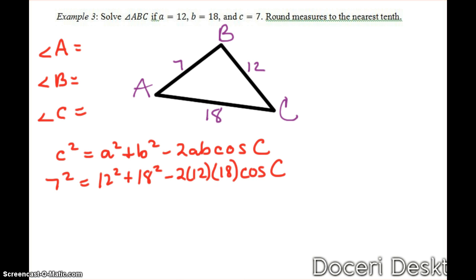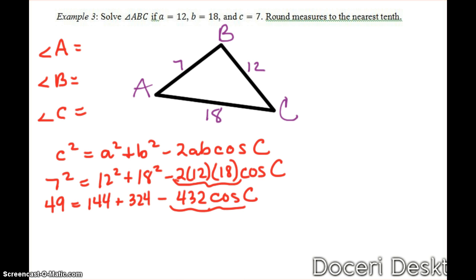Do a little simplifying. It's quite a bit of work involved. It's 49 equals 144 plus 324 minus the product of 2 times 12 times 18, which is 432 times the cosine of C. Now I can't subtract 432.